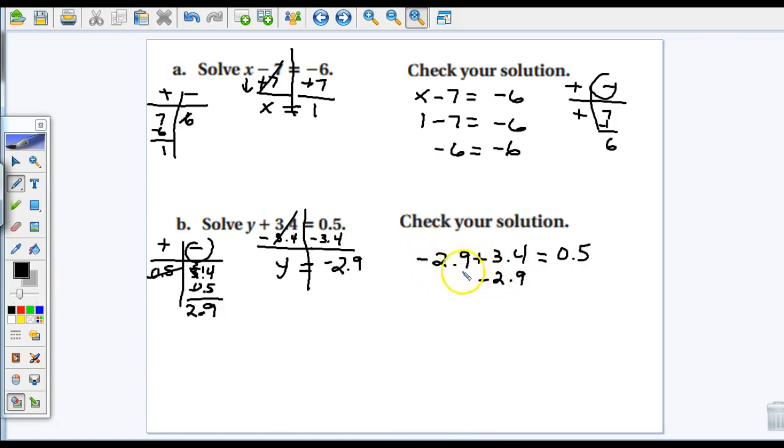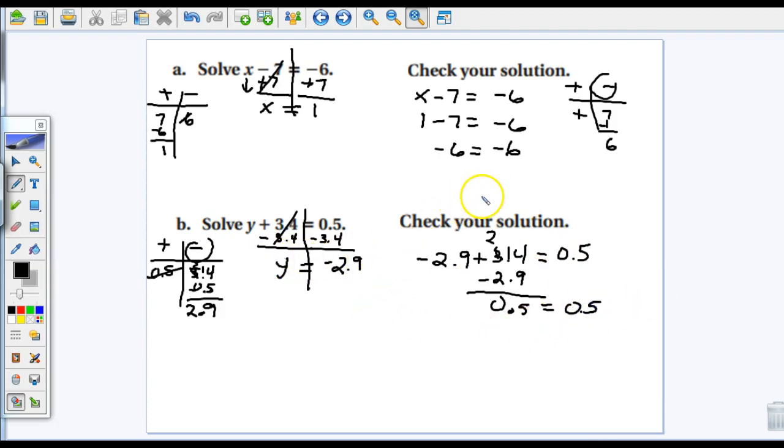I'm actually combining, right? So I'm just moving it down here and combining my terms. I have to deduct, this becomes 14, right? 14 minus 9 is going to be 5. Bring down my decimal. 2 minus 2 is 0. So 0.5 is equal to 0.5, and my solution works.